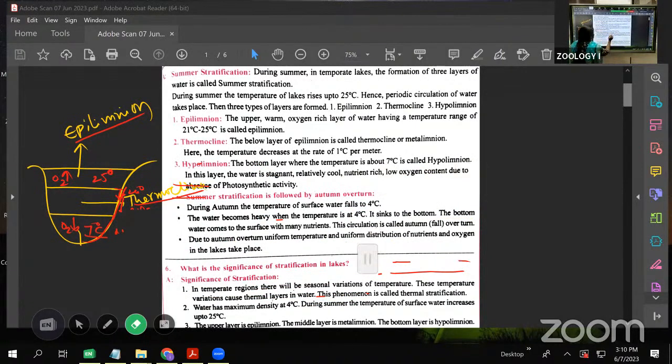After the summer season comes the autumn season, and the temperature gradually slows down.